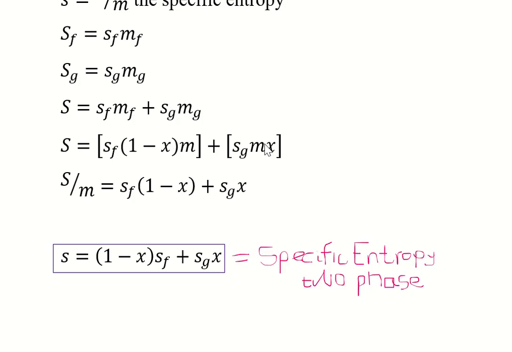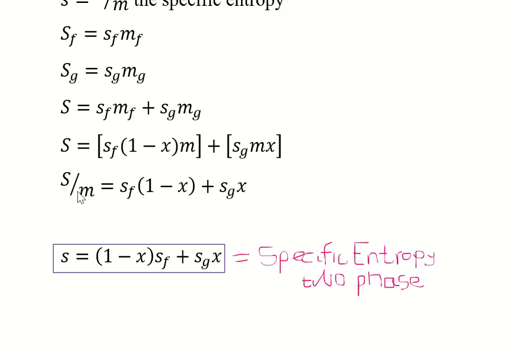And after doing that, you factorize out the total mass because it's common to the terms, and you bring it out. Once you bring it out, you divide through by that mass, so you get S over M is equal to this.